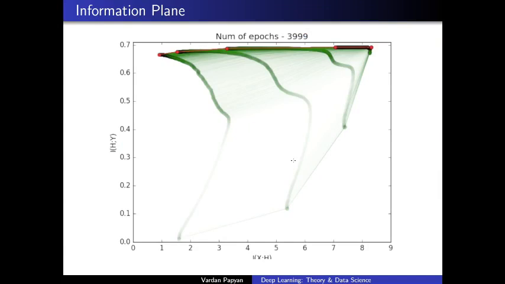For example, we start from this bottom and go up. I hope you see my mouse pointer. Okay, and here the red line is the end of training, the 3999th epoch, and you see convergence here.